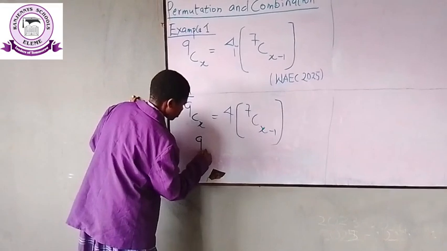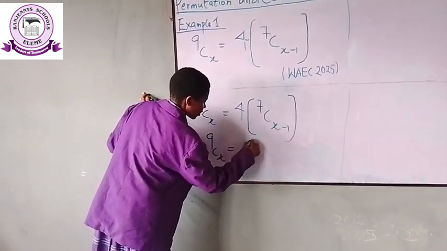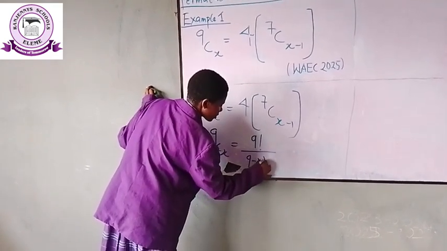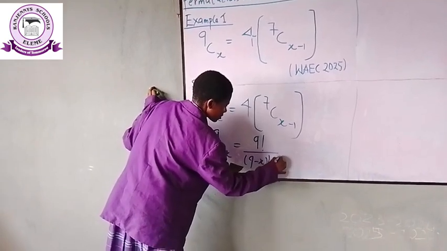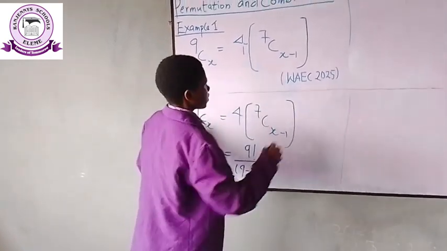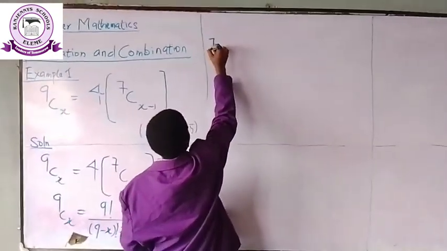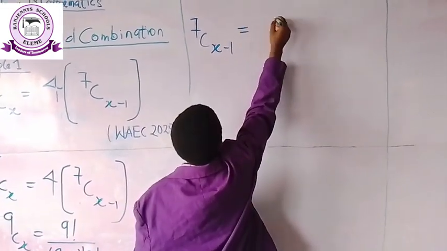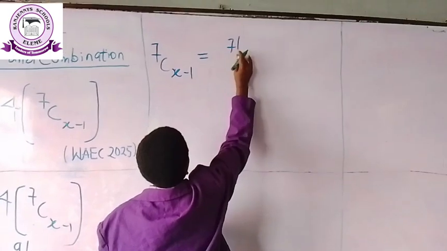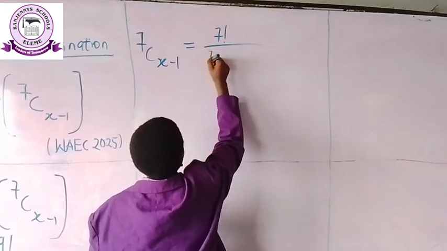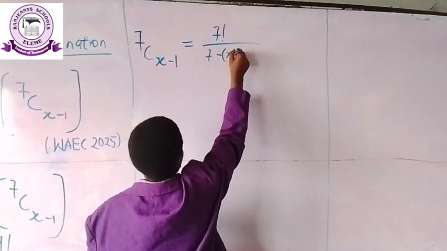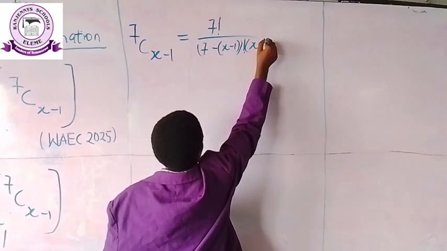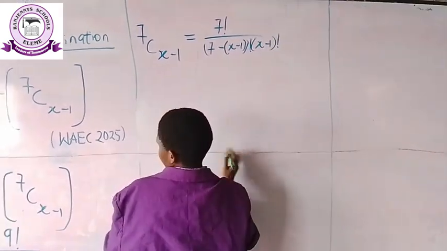So 9 combination x will be 9 factorial all over 9 minus x factorial x factorial. 7 combination x minus 1 will be 7 factorial all over 7 minus x minus 1 factorial x minus 1 factorial.